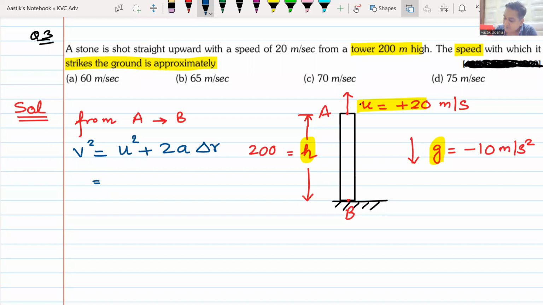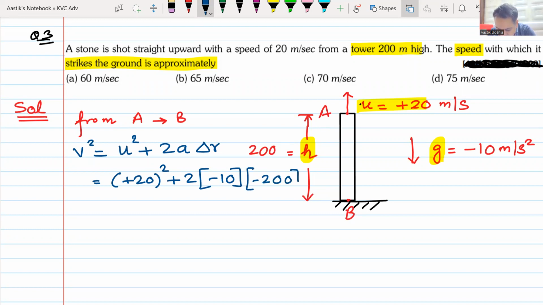Just put the values. u is plus 20 square, plus 2 times acceleration, which is minus 10 because it is downwards. Displacement is minus 200 because it is downwards. And you will straight away get the value of v square. Can you tell me what value of v square you are getting?